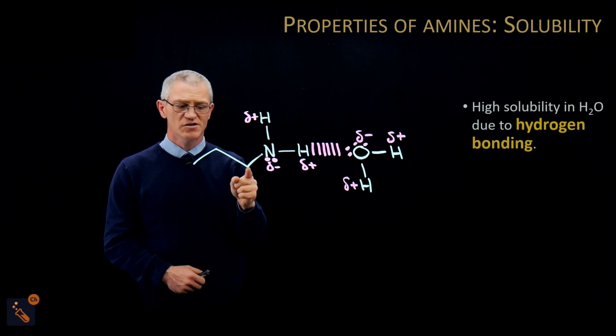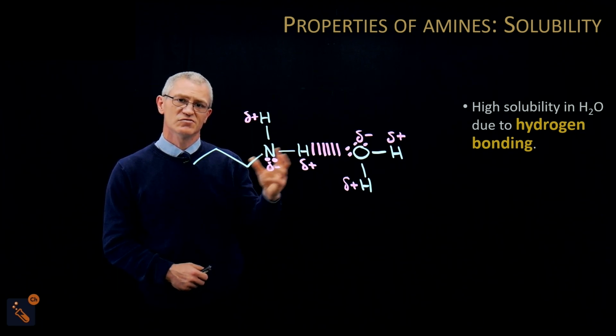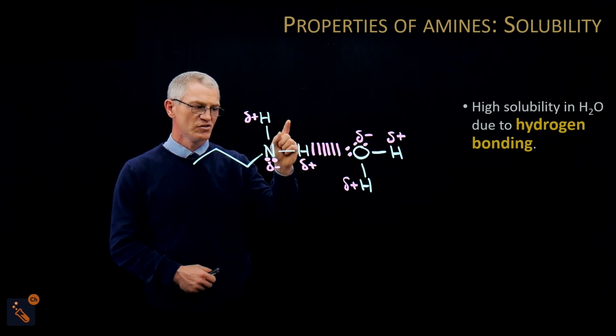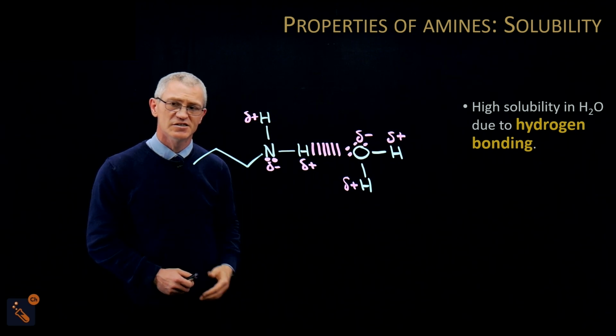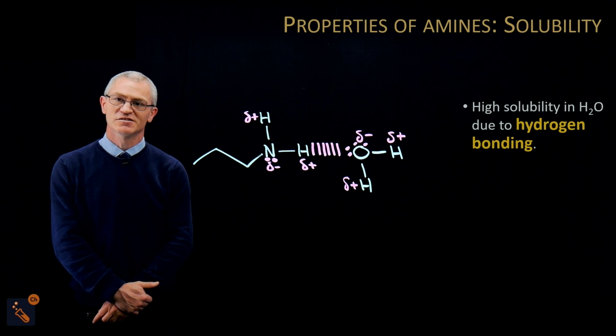Just as with alcohols, if this chain gets longer, you will get less solubility. So it's really important that you recognise that with these small chain lengths you're going to get these hydrogen bonds, and you may well have to draw it, which is why we've drawn this for you right now, and why it's good before you sit your exams to practice doing hydrogen bonds with both alcohols and amines.